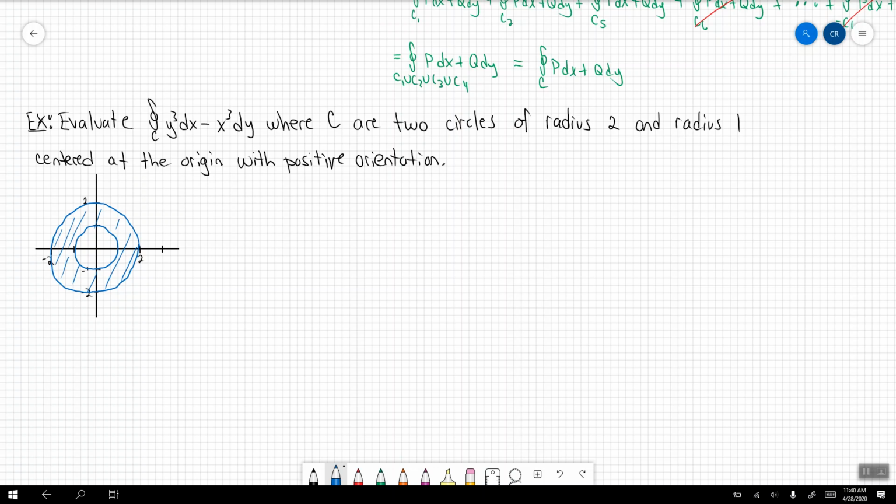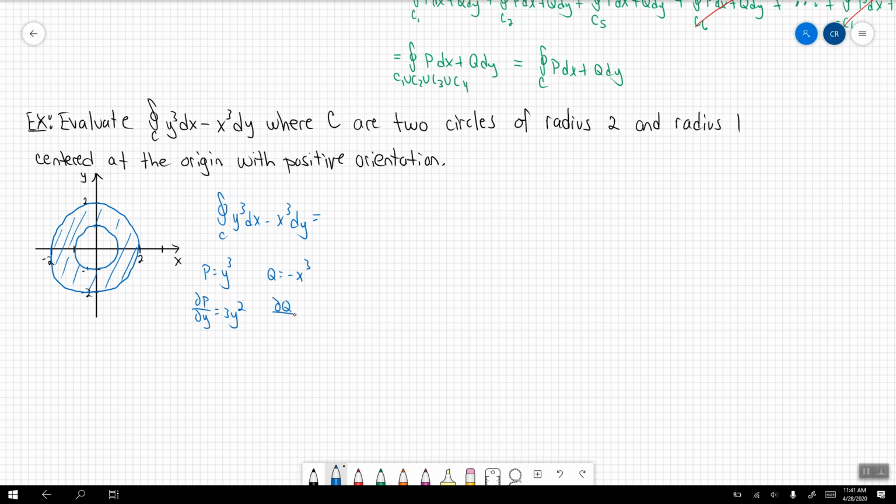So in order for us to set up this line integral over the curve for y cubed dx minus x cubed dy, I need to once again analyze what my p is and what my q is, and then take it from there. Looking at this here, I'm able to identify that p is just y cubed, q is just going to be negative x cubed, which means the partial of p with respect to y is 3y squared.